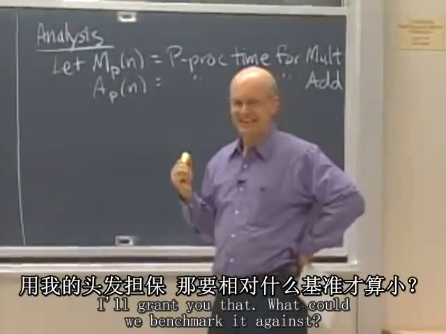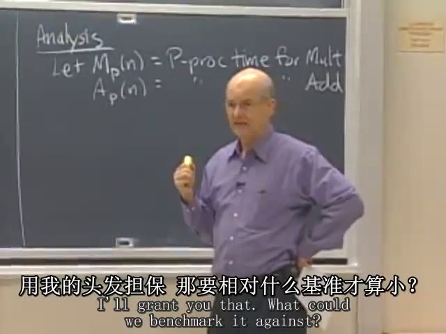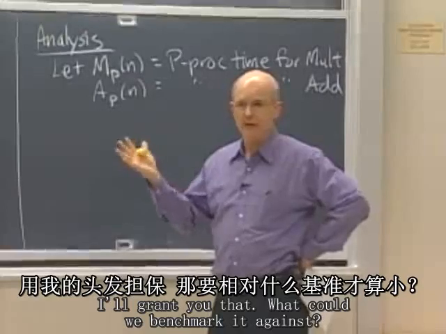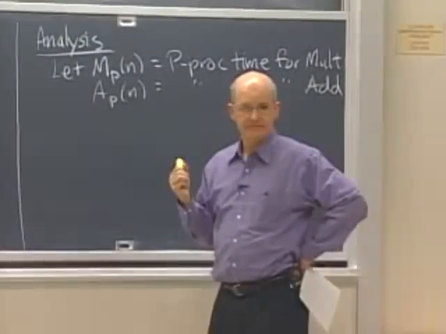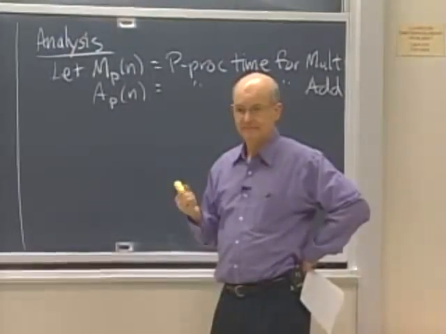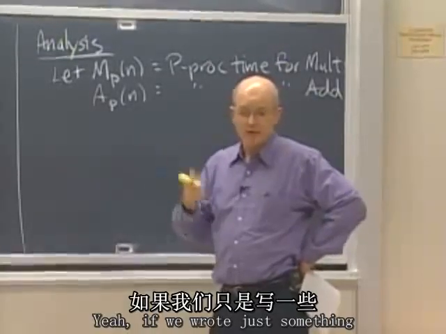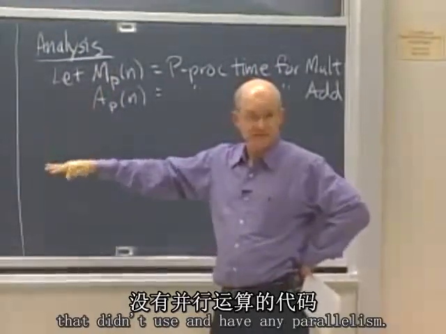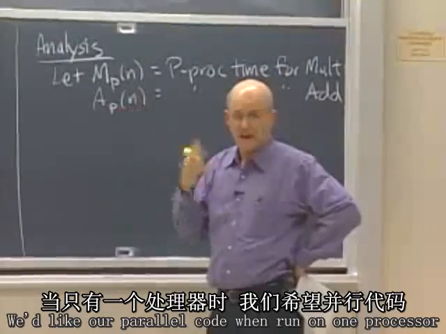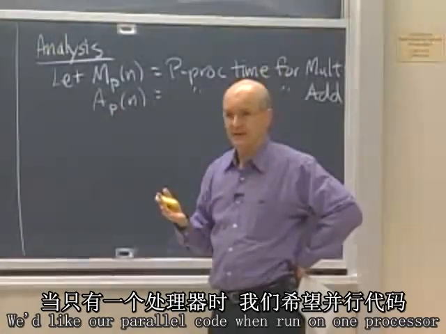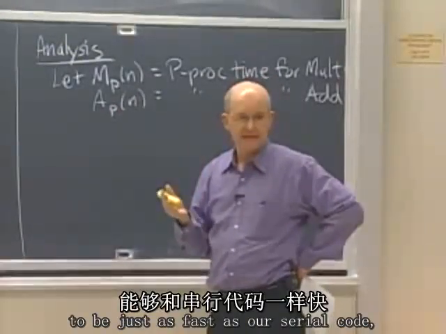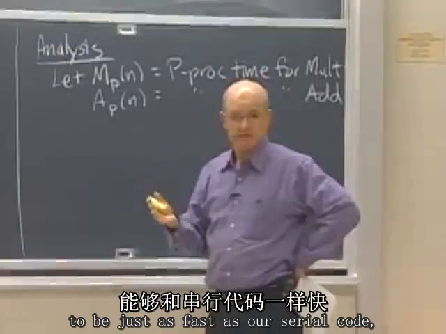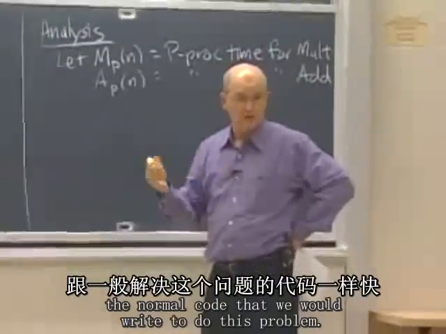Grant you that. Okay. What could we benchmark it against? Yeah, if we wrote just something that didn't have any parallelism. Okay? We'd like our parallel code, when run on one processor, to be just as fast as our serial code, the normal code that we would write to do this problem.